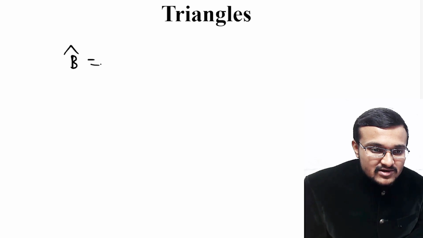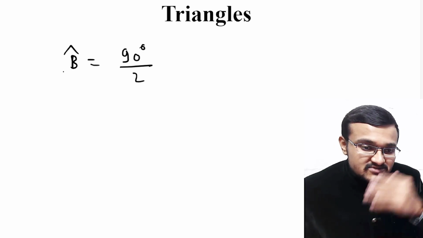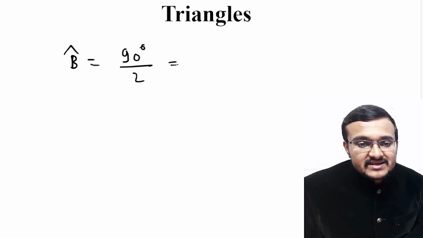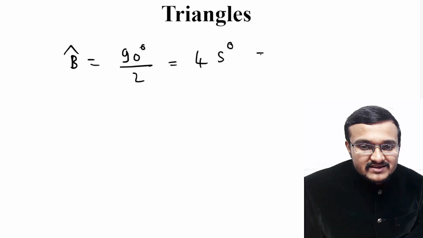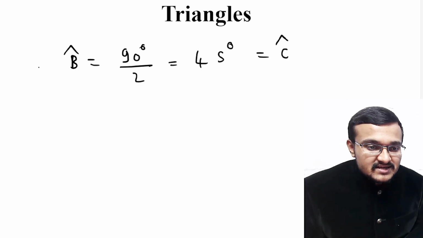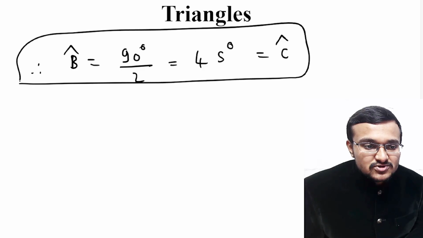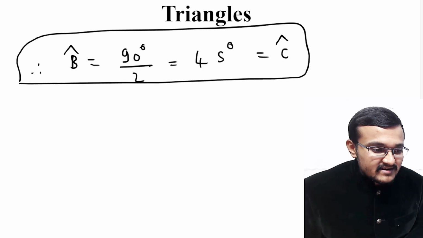So B will be equal to 90 degree by 2, because when I bring that 2 to RHS, it will go to the denominator. So 90 degree by 2 will be equal to 45 degree. This is also equal to angle C, because B is equal to C. So therefore B is equal to 45 degree and angle C is also equal to 45 degree.